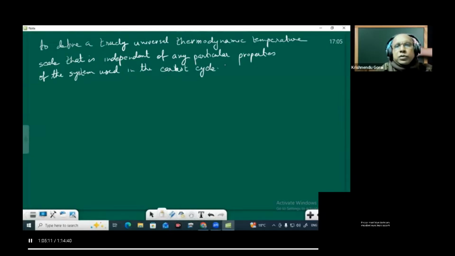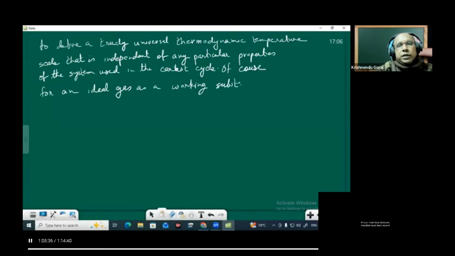Of course, for an ideal gas as a working substance, right?